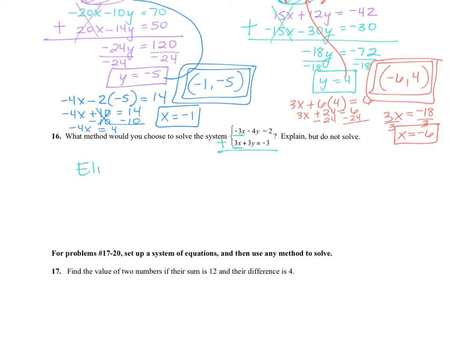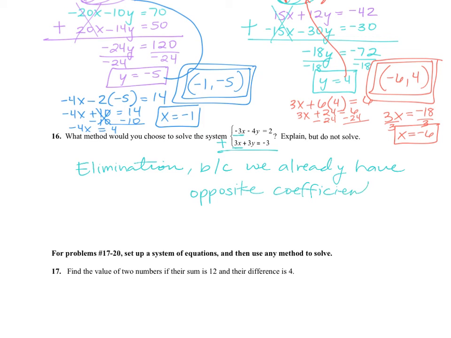So I would say elimination, because we already have opposite coefficients, and it's in standard form. Standard form usually means elimination unless we have some rearranging to do. But if it's opposite coefficients and standard form, absolutely elimination.